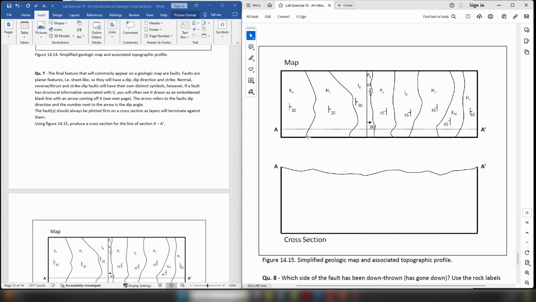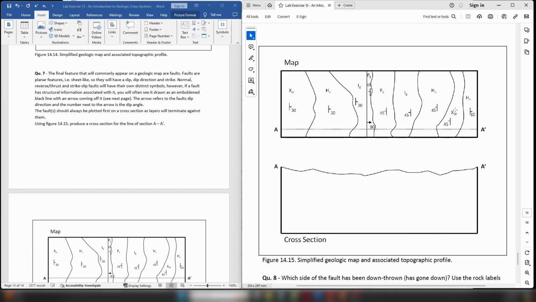So you're going to project the boundary down and then you're going to draw your boundary between the layers and you're going to project it into the cross section until it meets the fault. When it meets the fault, it has to stop, has to terminate there. You are then going to repeat the same process over here for this sequence of sedimentary rocks. Please take note of the dip directions and the dip angles.